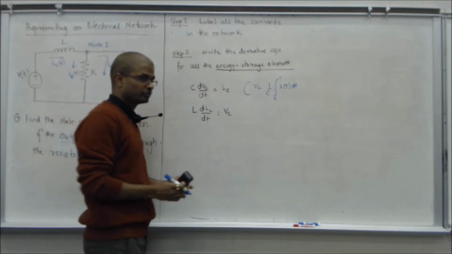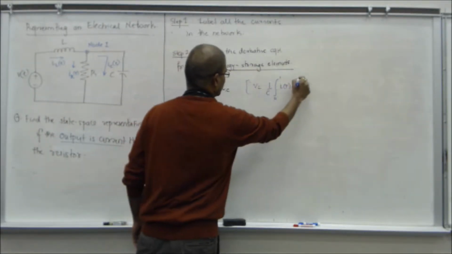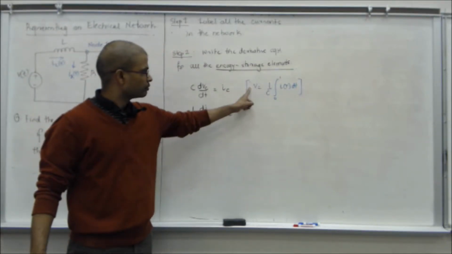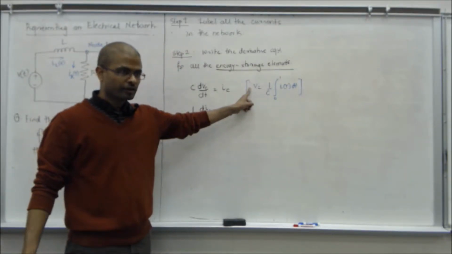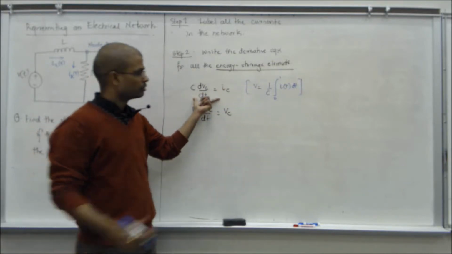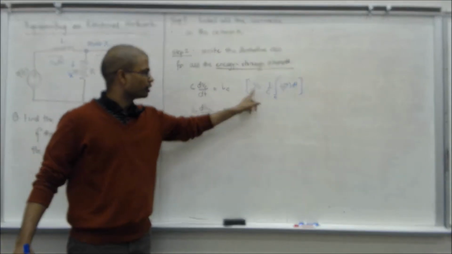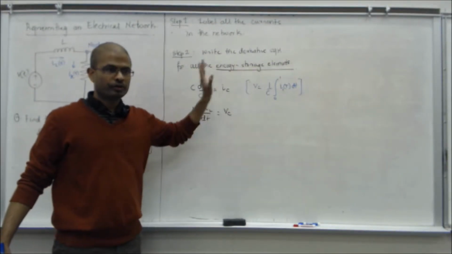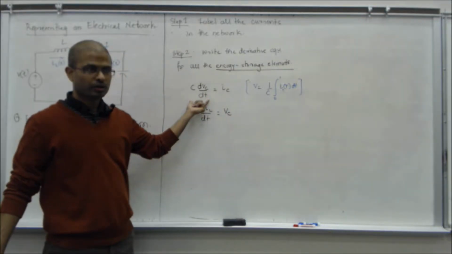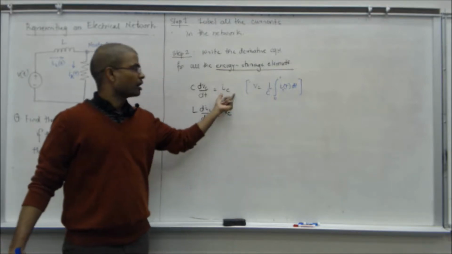If you move C and differentiate both sides, you end up with dVc over dt on the left hand side. C is a constant, and it will be just IC.